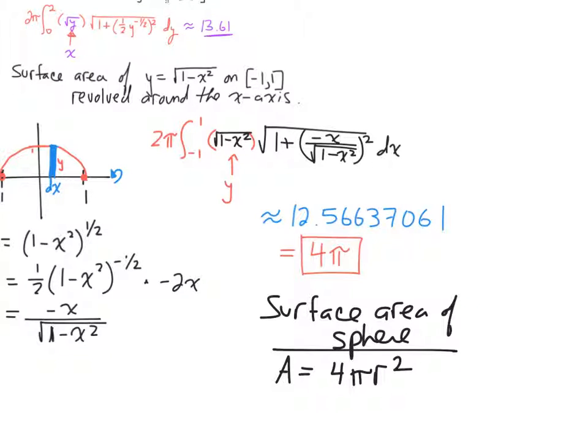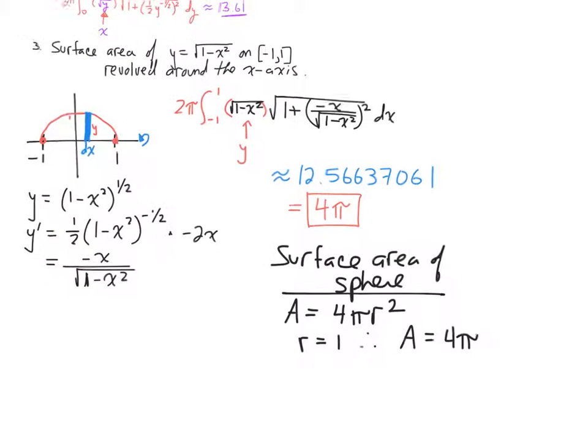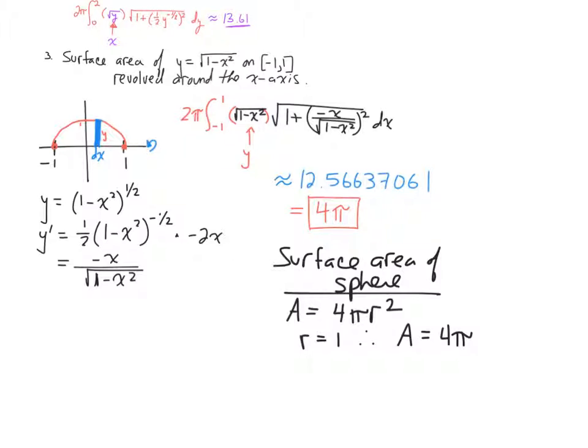Radius equal to 1. Therefore, area is equal to 4 pi. So if you knew that you were on the lookout for a sphere, just based off of the information given to you, then you would have an idea what the answer ought to be going in.